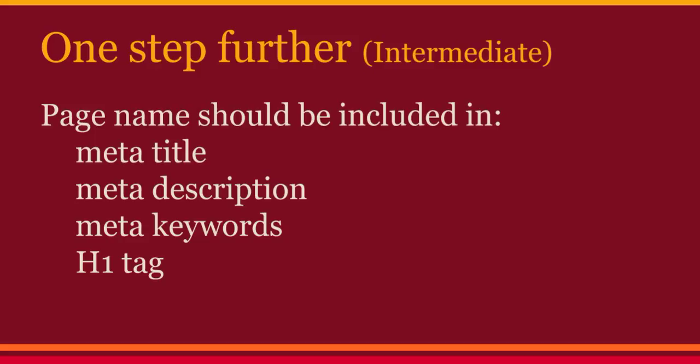If you've got a page that's all about adding a hot water tank, then that page name should be adding a hot water tank. In the meta title there should be something about adding a hot water tank, and then the description, and the keyword should have adding a hot water tank. Then you have the heading tags, which I haven't talked about, but the heading tag is also a very important element within the web page to talk to the bots.